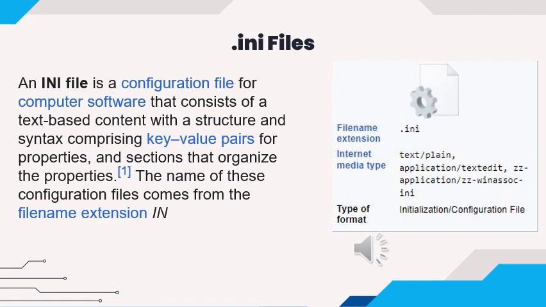It consists of text-based content structured with a syntax involving key-value pairs for properties and organized into sections. The key-value pairs represent specific settings, while sections group these settings into categories, enhancing organization and readability.